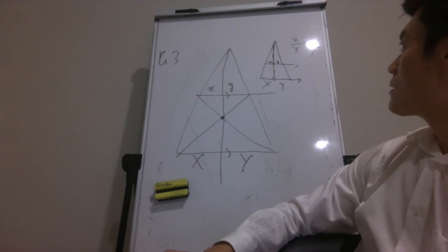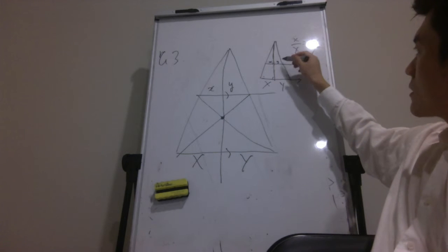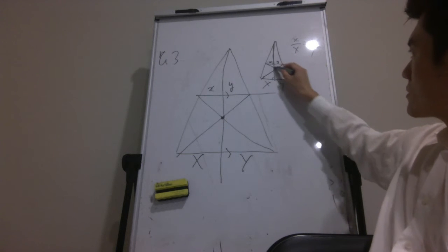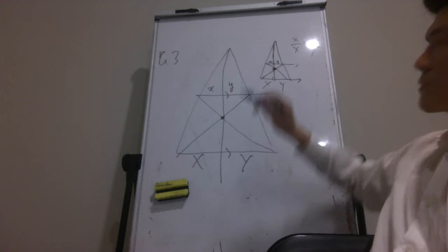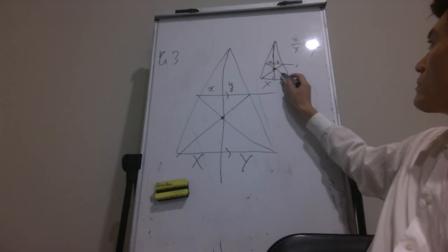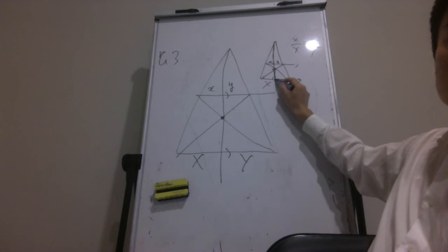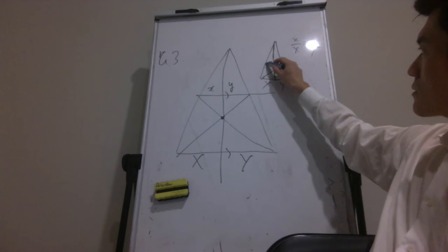Okay. But now if you consider the thing with the other two lines, right? Can you see that this triangle here is similar to this triangle here?